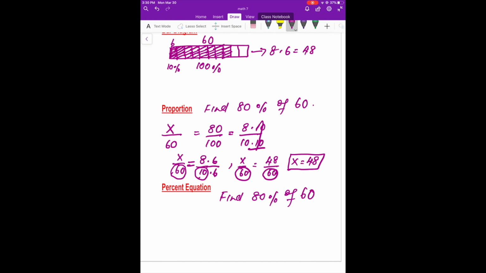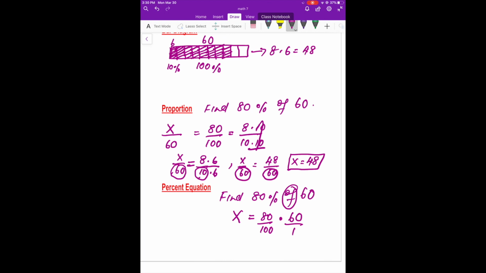So find x. So x equal to 80% of 60, so 80 over 100. And in math, of means multiplication, of 60 or 60 over 1.